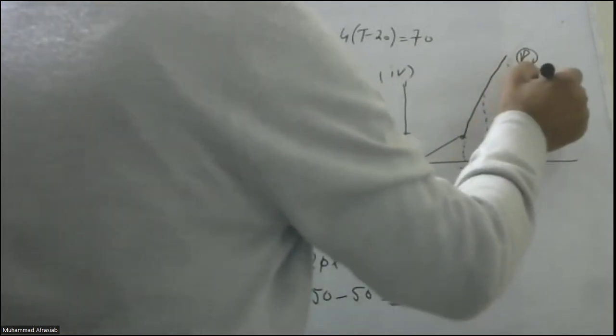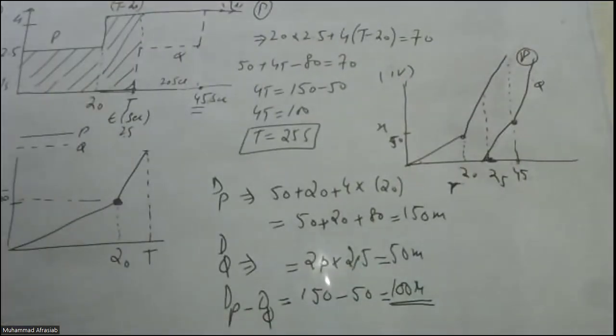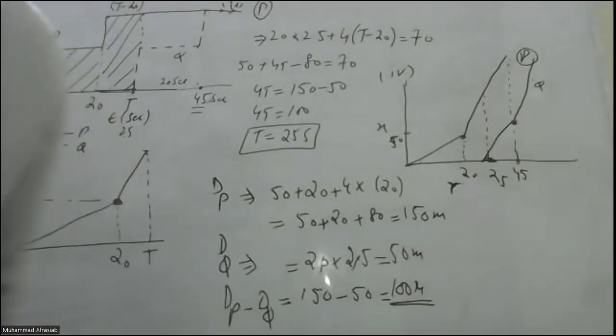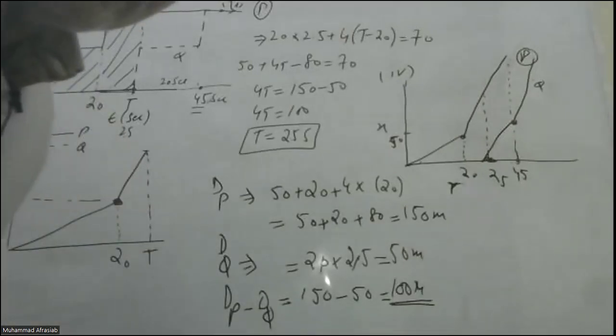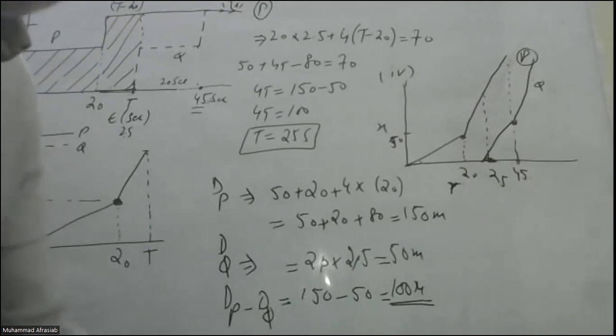So this is the distance of Q. These are the graphs of the two particles, shown parallel to each other: the displacement time graph for particles P and Q.